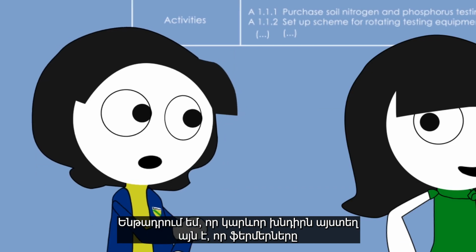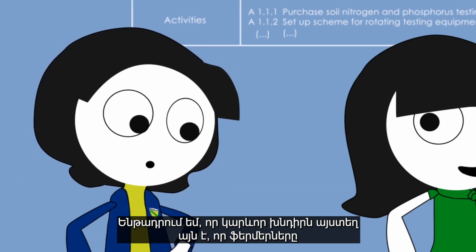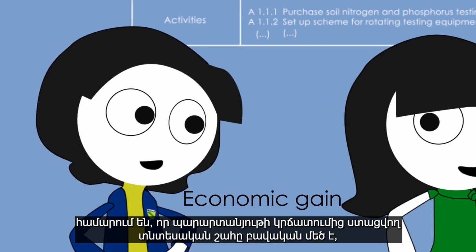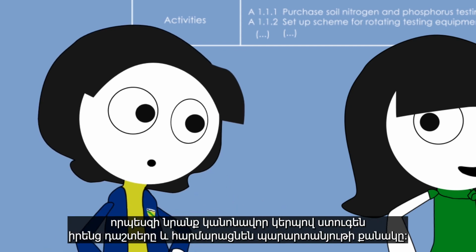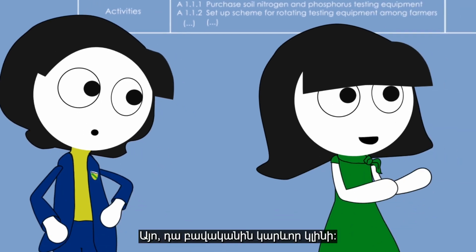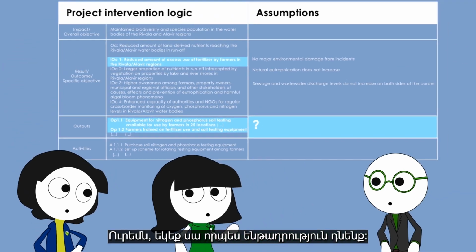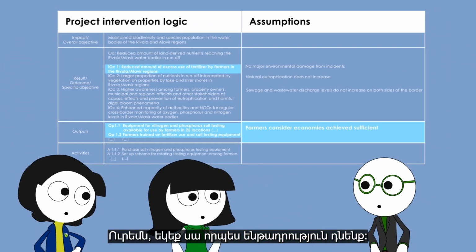I suppose the crucial issue here is that the farmers consider the economic gain of reducing fertilizer is high enough for them to bother to test their fields regularly and adapt the fertilizer amounts. Yes, that will be quite important.